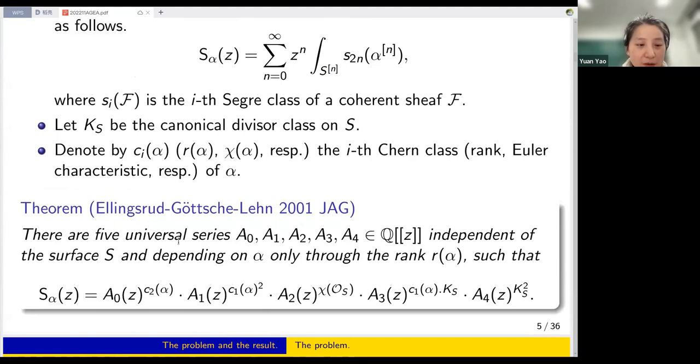The theorem says there are 5 universal series. These 5 universal series do not depend on the surface, but depend on alpha only through the rank. The integral itself depends on the first Chern class and second Chern class, but it should have this form, with the first Chern class here and here, and the second Chern class. It also depends on the surface, but that contributes here.